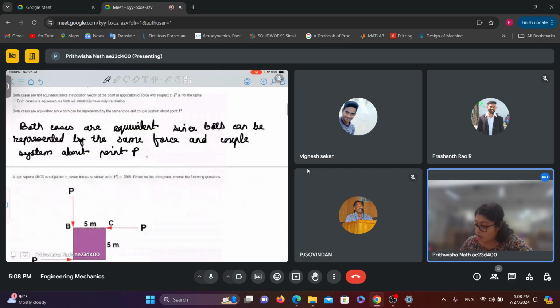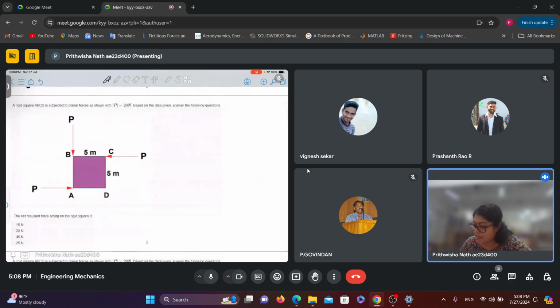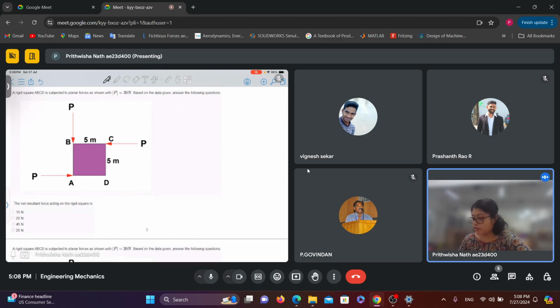Now for the second question, a rigid square ABCD is subjected to planar forces as shown, with the magnitude of force P being 20 Newton. Based on the given data, answer the following questions. The net resultant force acting on the rigid square is?